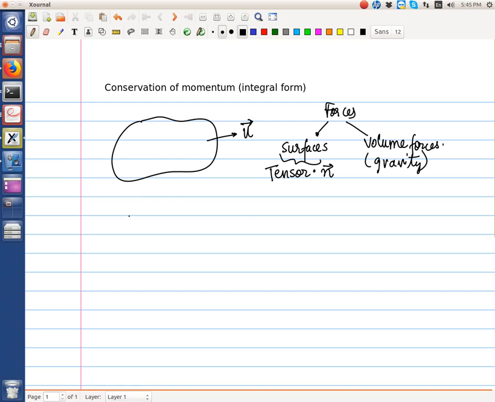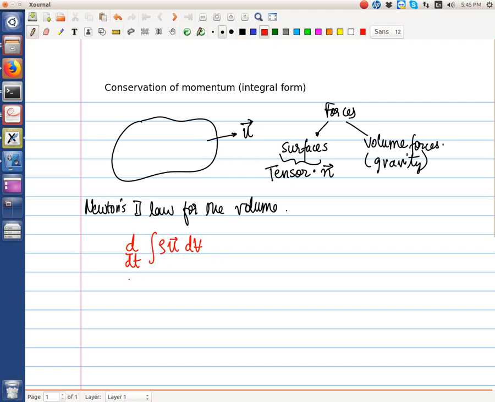So let's first write down Newton's second law. On the left hand side we have d/dt of the integral of rho u dV.